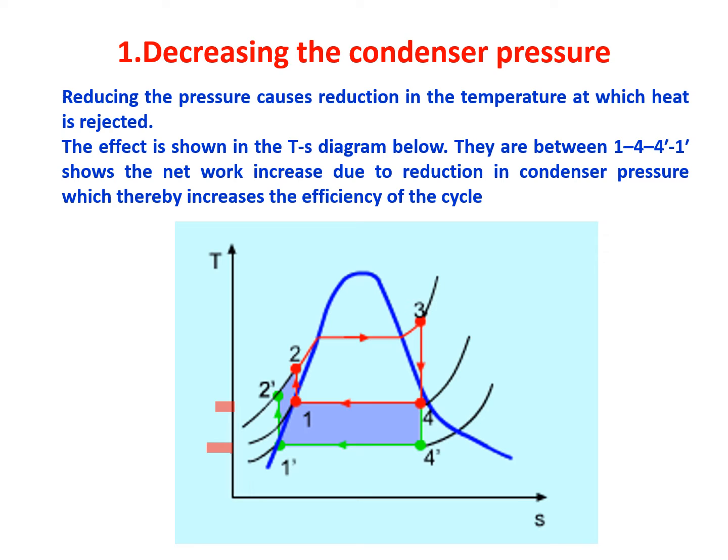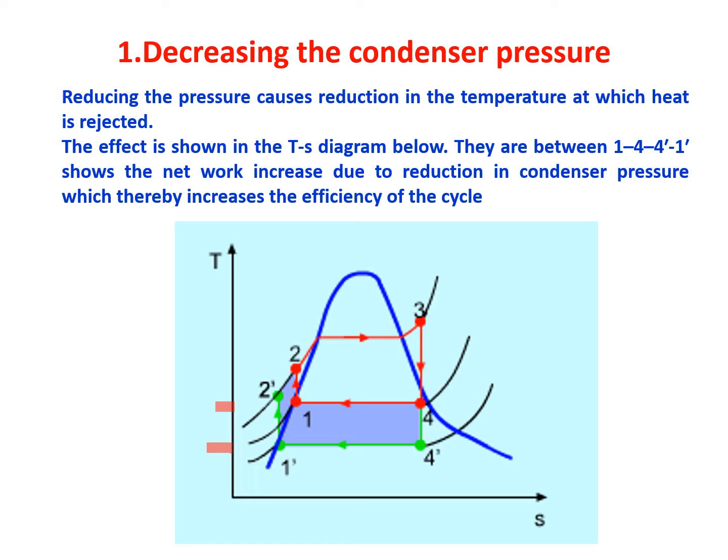So by reducing the temperature of the condensate, we can increase the net work output, thereby increasing the Rankine cycle efficiency. The area under the curve in the T-s diagram will be increased. The heat energy will be increased automatically. It will increase the overall efficiency of the plant and the Rankine cycle efficiency.